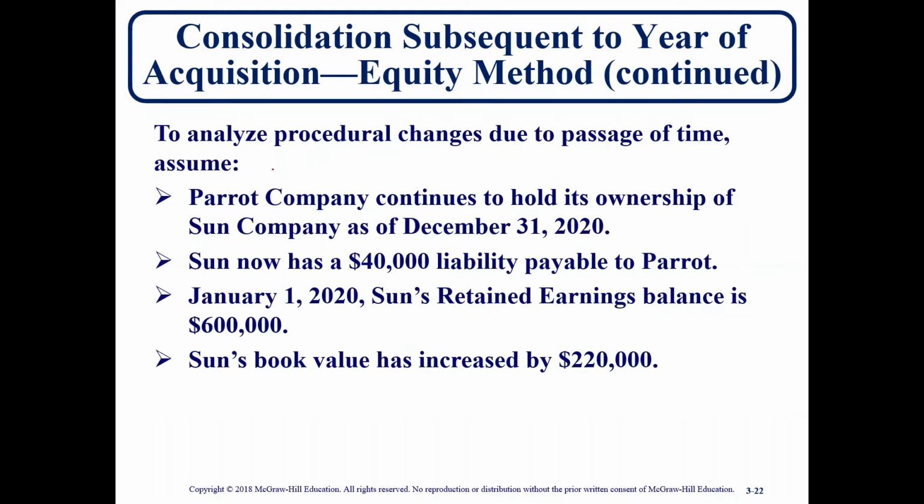As we said, parent company is getting ready to prepare the consolidated financial statements for December 31st, 2020. We also have that Sun Company has a liability to parent, which means that parent will have a receivable from Sun Company. And the beginning retained earnings balance for 2020 is 600,000.